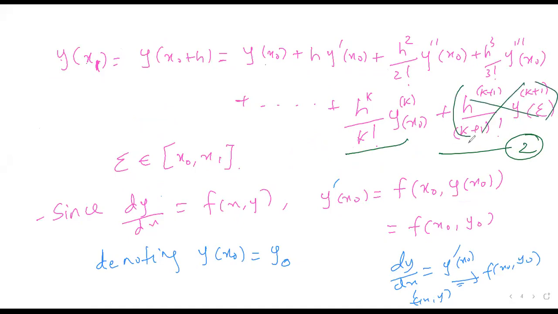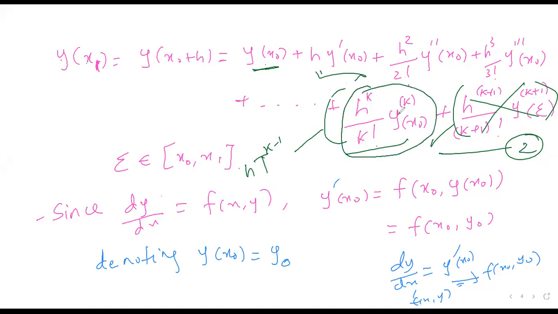It is there in our equation number 2, but for our purposes, we are omitting this term. We are only taking up to these terms. Up to this point, I'm taking as T_k minus 1, with h also.